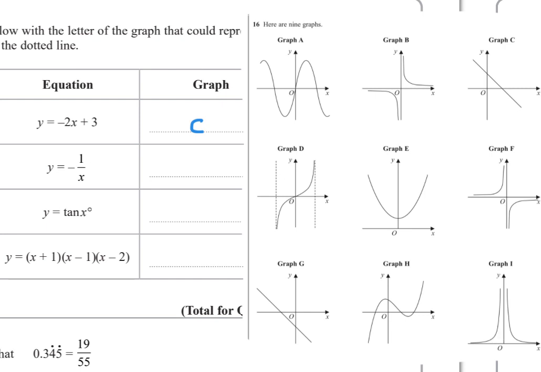If x is negative, y positive, so this doesn't work, because x positive and y positive doesn't work either. So the answer is graph F, because when x is positive, y is negative, and when x is negative, y is positive, so different signs.